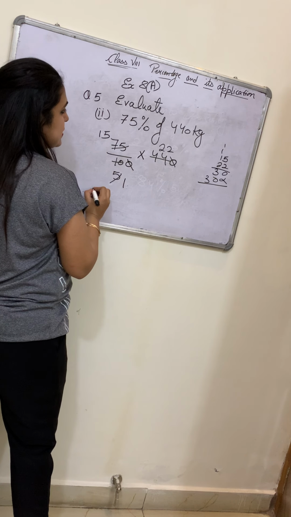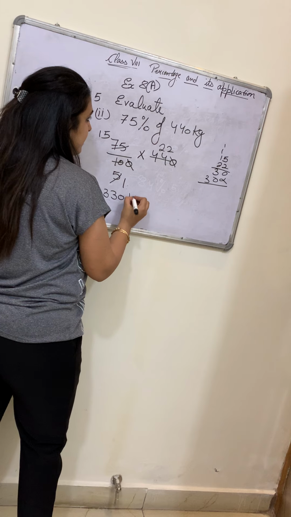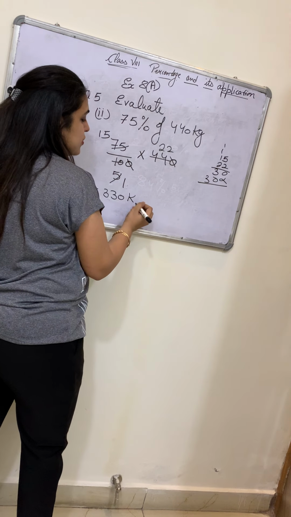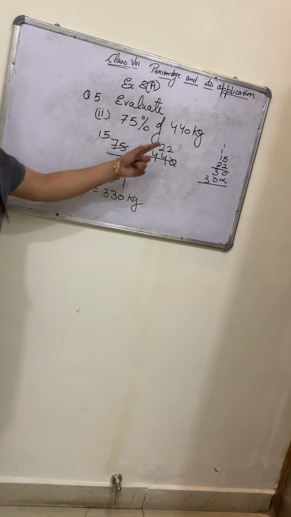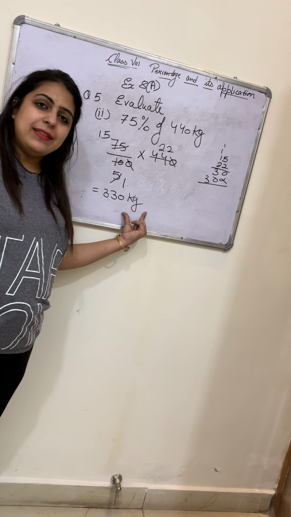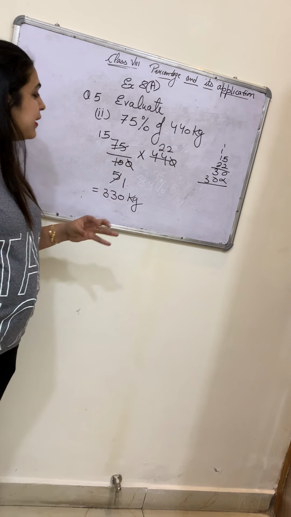Your answer is 330. It is kg, so you are going to write kg. 330 kg. जो भी unit होगी, we are going to find it in that unit only. We have to find the answer in that unit, that is 330 kg.